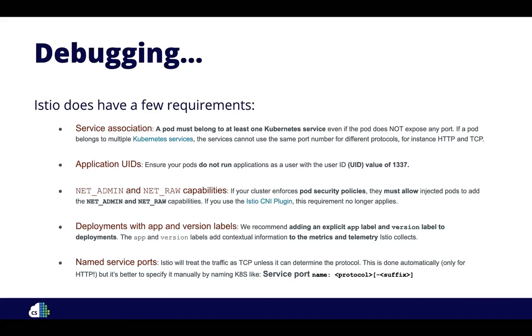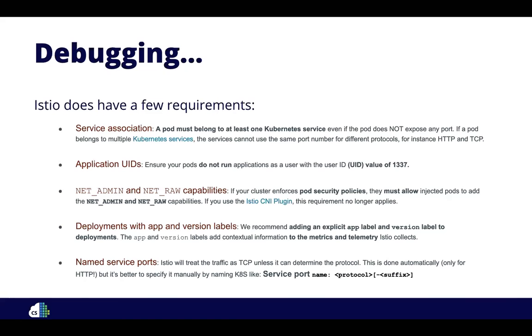So your user, which runs the application in your container, can't have UID 1337. Istio picked 1337 because, I don't know if they assumed or if they checked, no one usually uses 1337 for anything specific, so that should be the least problem-causing UID. But yeah, you just need to keep that in mind.